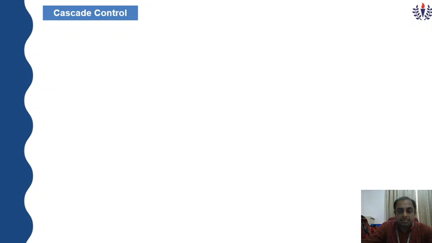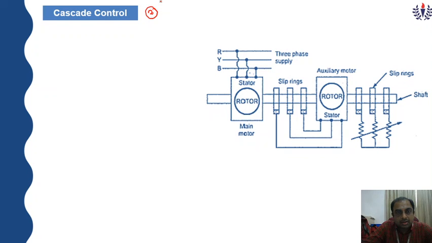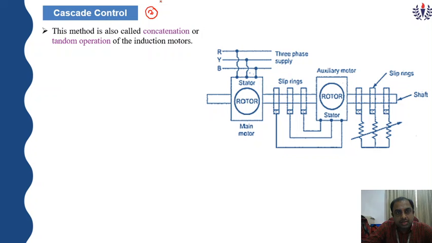Then the second method is cascade control. This method is also called concatenation or tandem operation of induction motors.